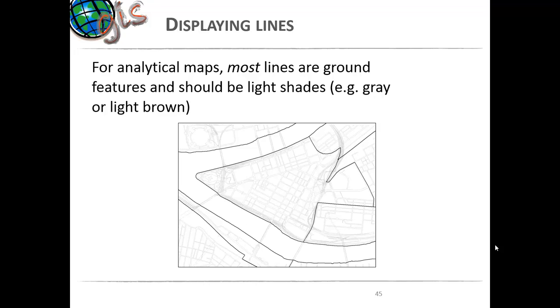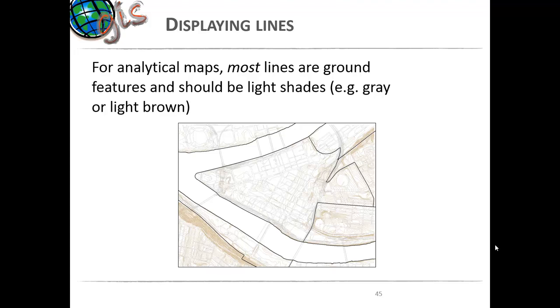So like street features, or some kind of administrative boundaries or city boundary, stuff like that. These features should be light shades, because they are not extremely critical features. We have more important data on the maps for mostly what we do, so it's usually preferred to use gray or light brown to display these features.